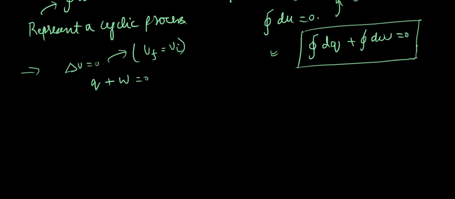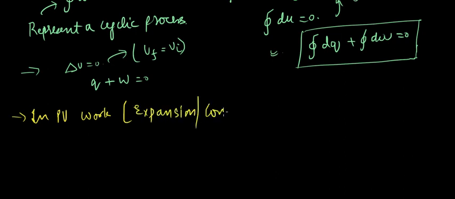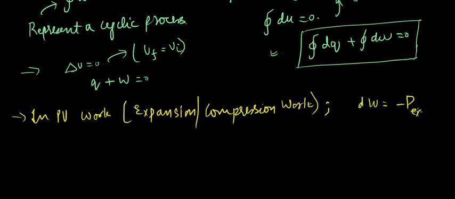Okay, so for the same we can write that in PV work, or in expansion and compression work, dW would be equal to minus P external multiplied with dV.